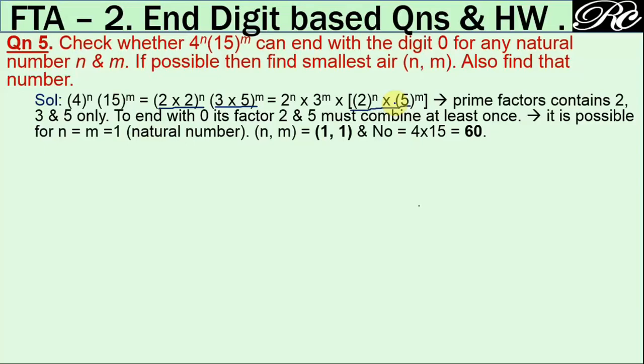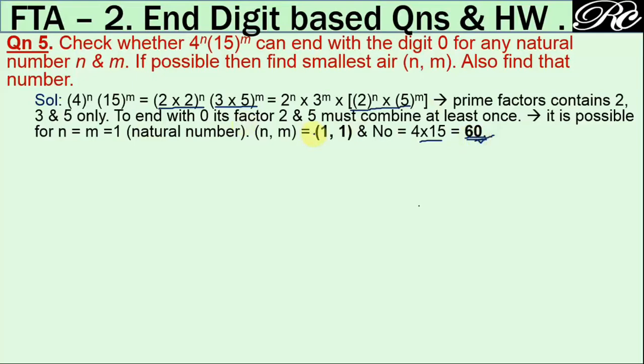Therefore, it produces unit digit 0. And if we take m equals to 1 and n equals to 1 and substitute 4 to the power n and 15 to the power m, we will get 4 into 15, so the result is 60. So 60 is the smallest number which contains 0 at its unit place for this exponent.